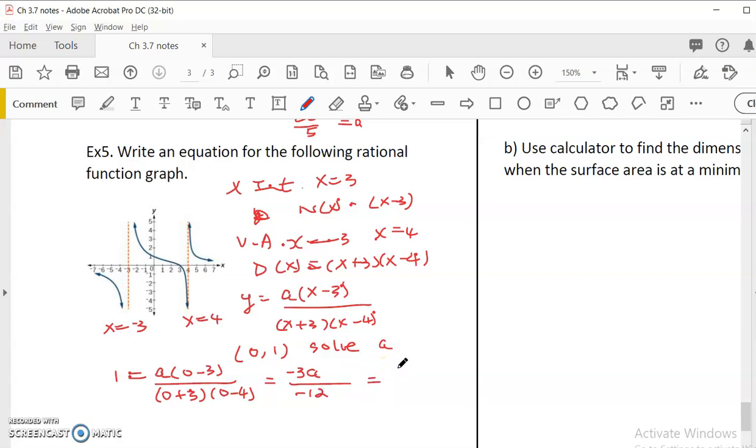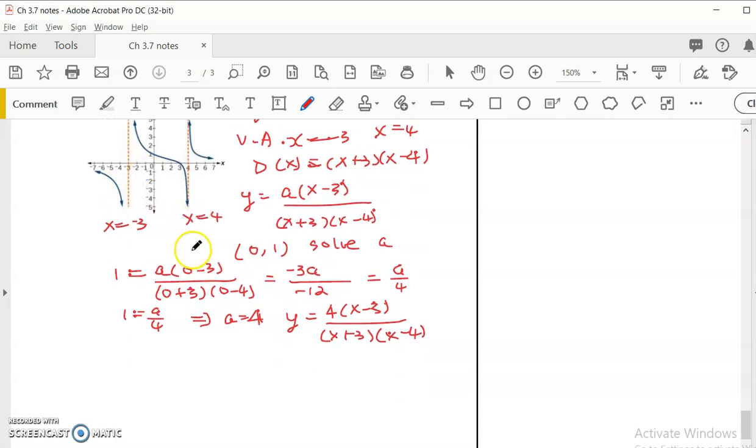So that is a over 4. So 1 is equal to a over 4, which implies that a is equal to 4. So the equation would be y equal to 4(x minus 3) over (x plus 3)(x minus 4). You don't have to multiply it out. So that is the function that would produce a graph like this.